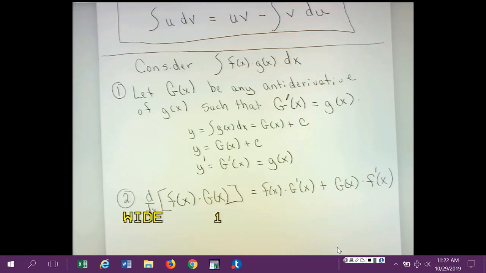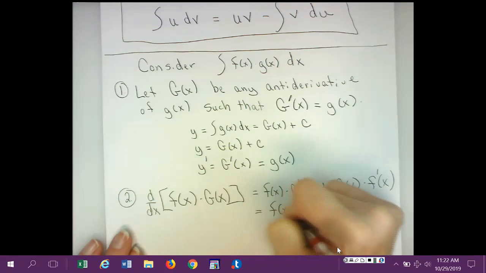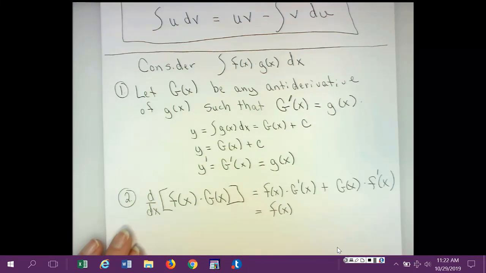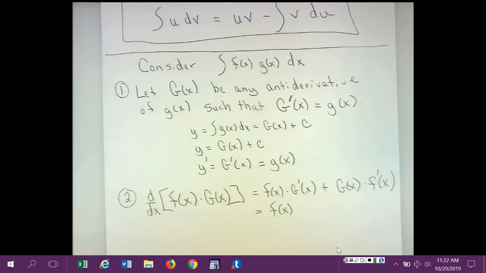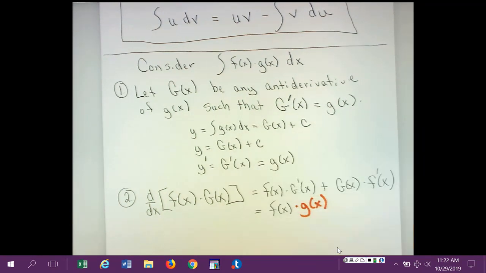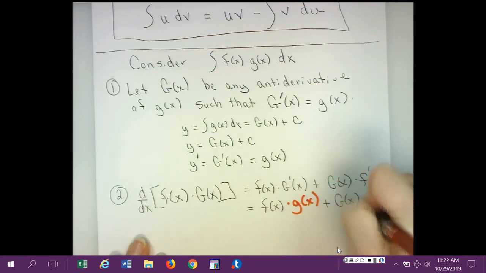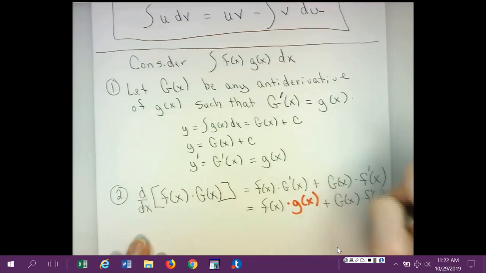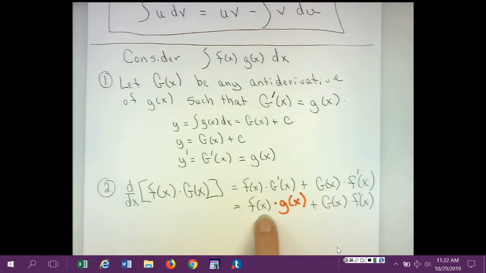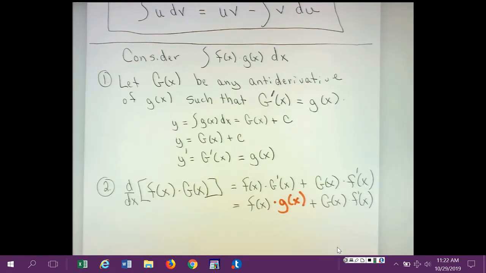What I'm going to do, where you see capital G prime of x, I'm going to replace it with little g, because we know, and I'll use a different color, that the two are equivalent. So little f times little g plus capital G times f prime of x.